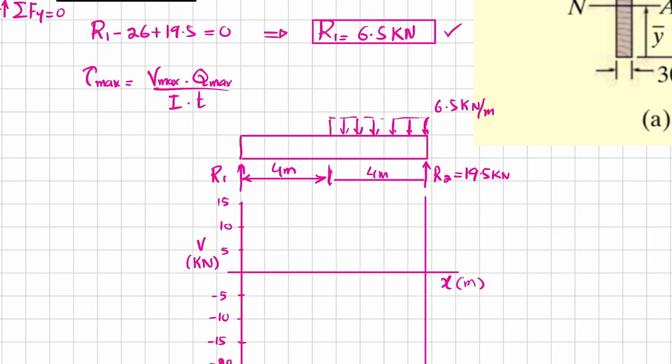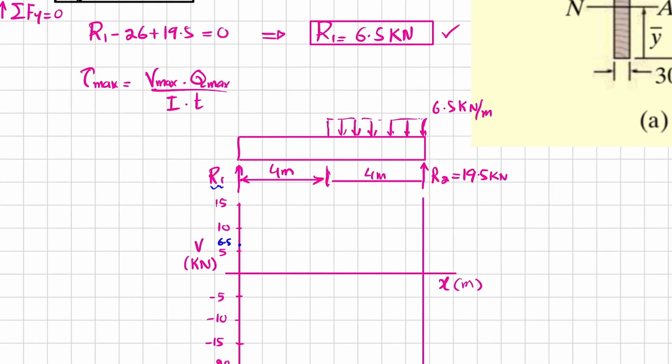So I will choose the first point. At the first point we have R1, and R1 is 6.5. So let 6.5 lie over here. You can see that moving from point 1 till the point of distributed load, there is no other load, so it will remain horizontal till this point. So I can draw a line like this till this point.